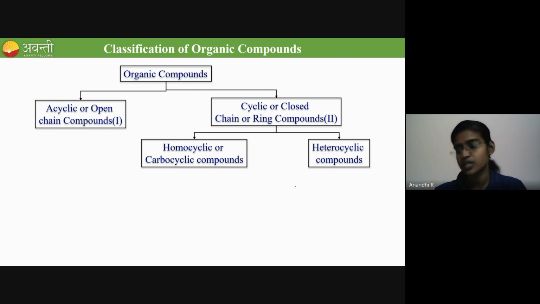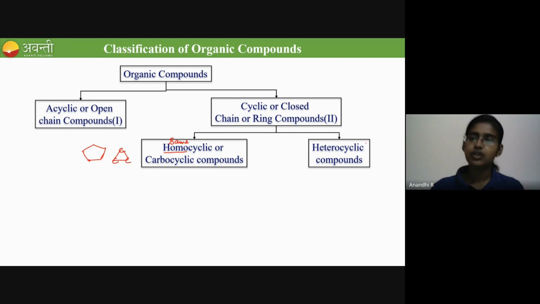Homocyclic and heterocyclic. So what is meant by homo? Homo means same. So the cycle is formed by the same atom, like cyclopropane, cyclopentane, which we have seen now. All the atoms which have formed this ring are the same. All are carbon, then it is homo.